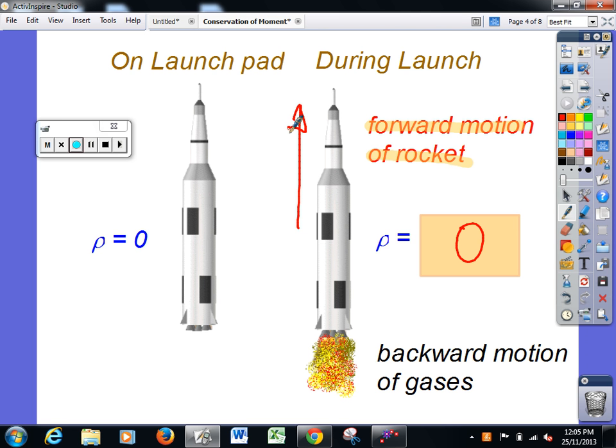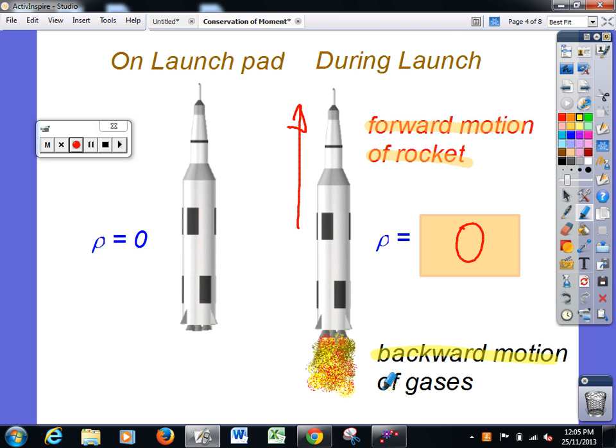But if that is the forward motion of the rocket, there must be something counterbalancing this, in the opposite direction, which maintains a 0 momentum overall. And this is what it must be.